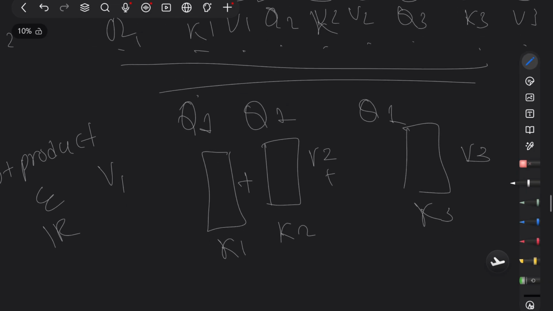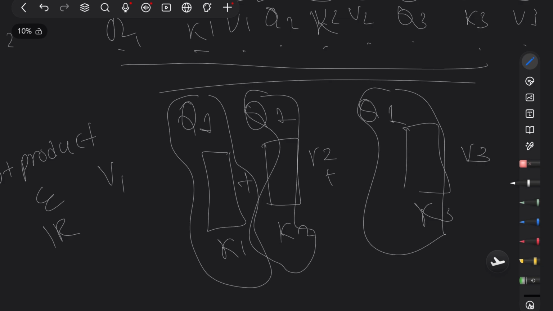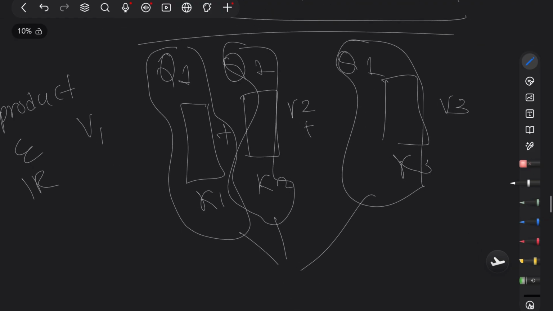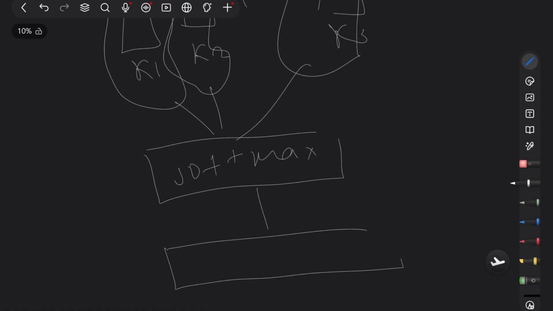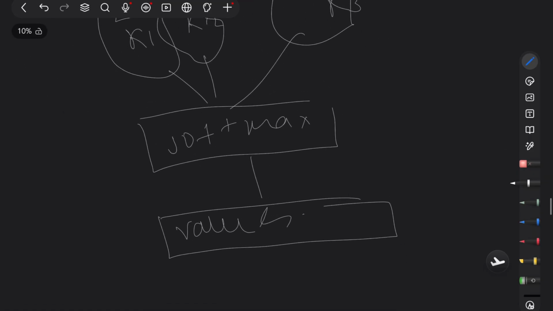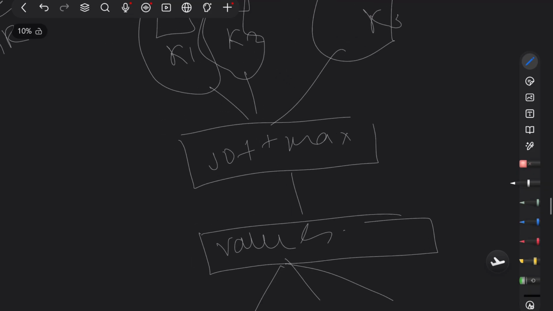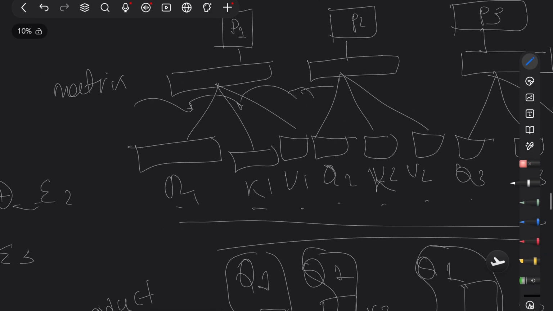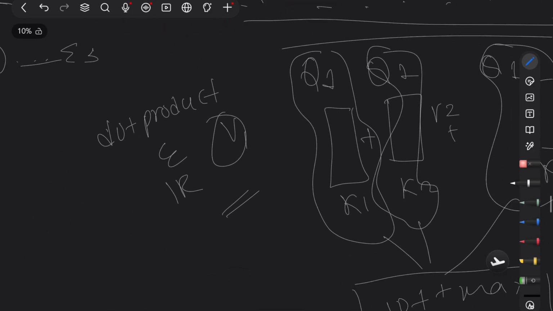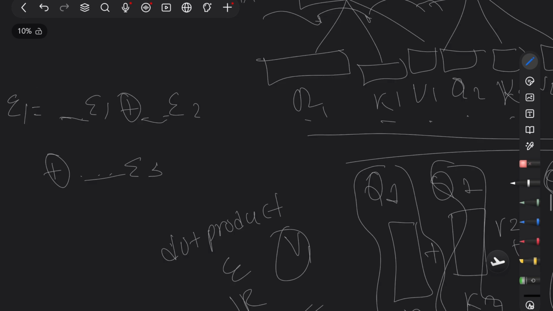So the values would come out something like this. These are the similarity scores, right? So we take these values and put them through softmax and get the values, and we use these values and multiply them with the value vector, that is V. Okay, so this is what is happening in an attention module.